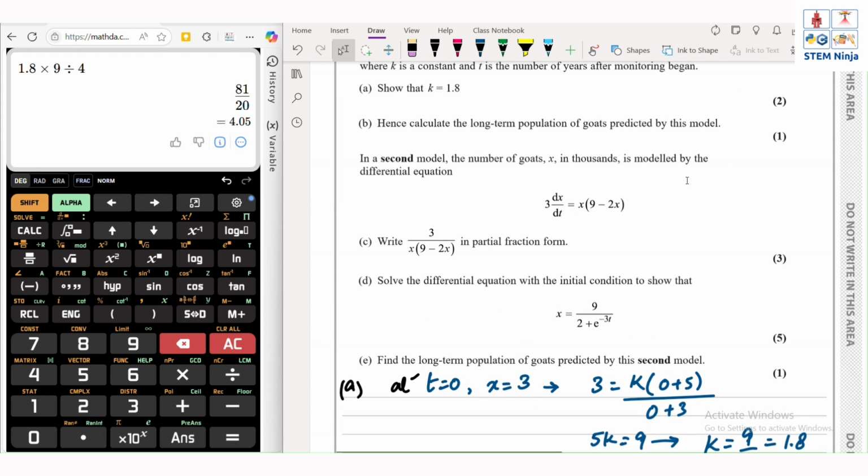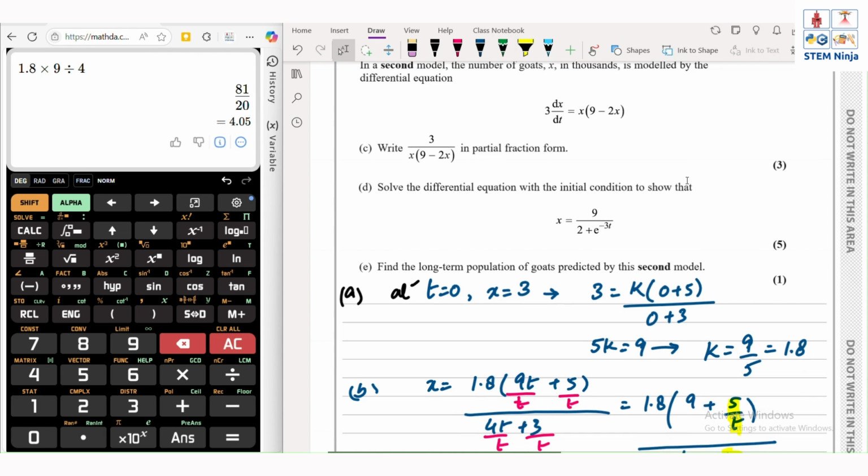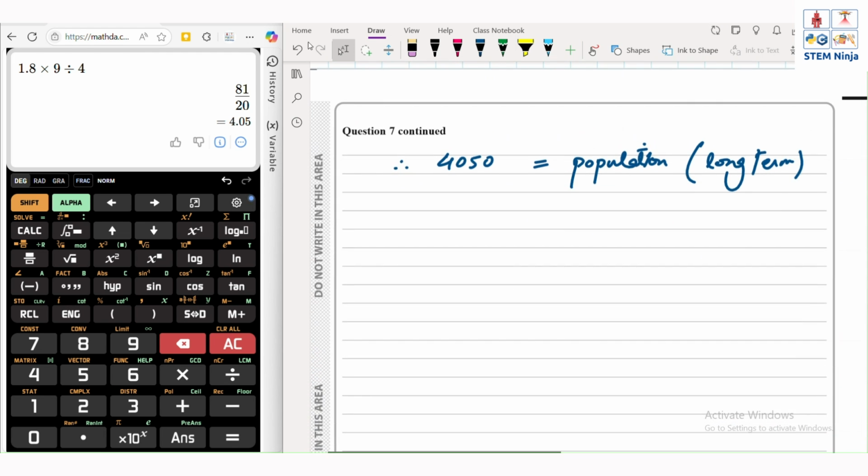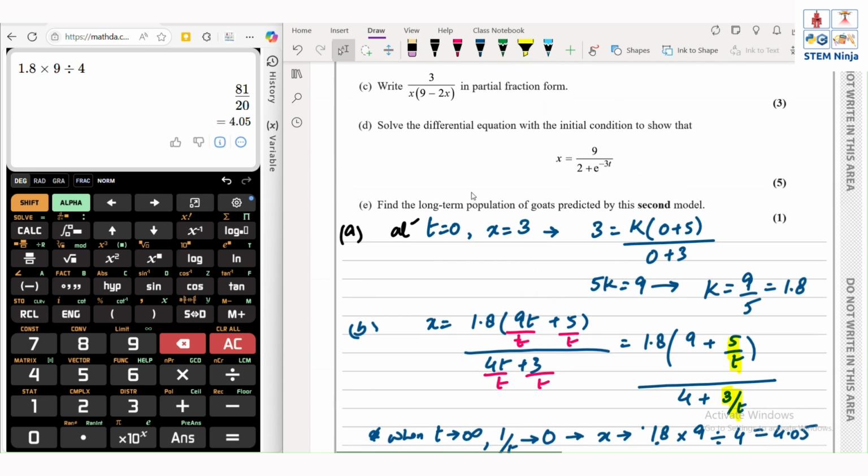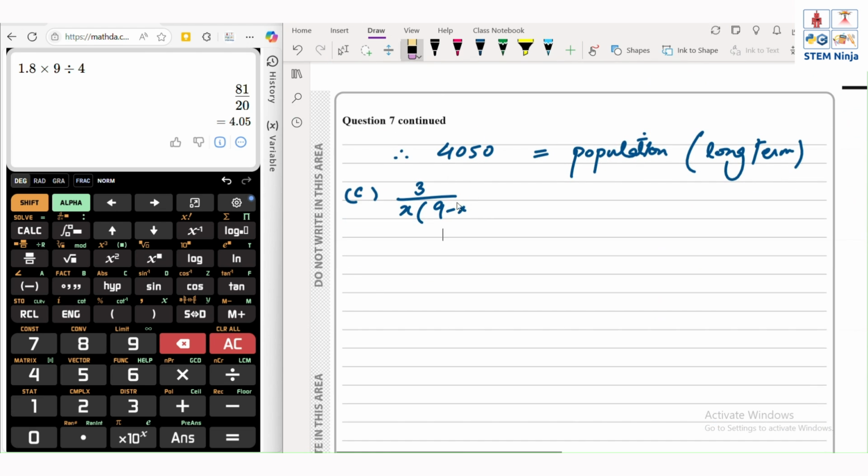Okay. In a second model, the number of goats x in thousands is modeled by this differential equation. Write 3 over x(9 minus 2x) in partial fraction form. So both are linear factors, so we will have A over x and B over 9 minus 2x.